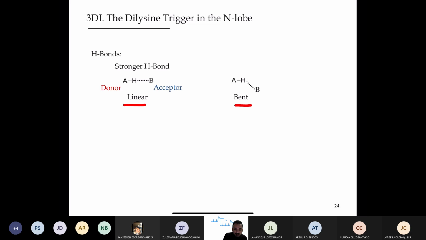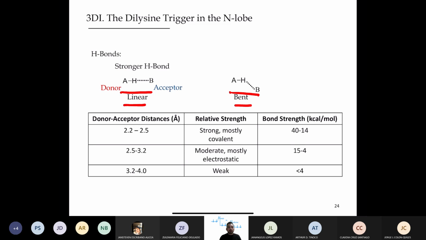Whereas if you have a linear interaction between the donor and acceptor of the hydrogen bond, that actually ends up being stronger than if you have a bent orientation of that hydrogen bond. And here I give a perspective of the relative strengths, where if you have a donor acceptor distance of 2.2 to 2.5, you have a relatively strong bond strength that's almost at the level of a covalent interaction, even though it's not an actual covalent interaction.